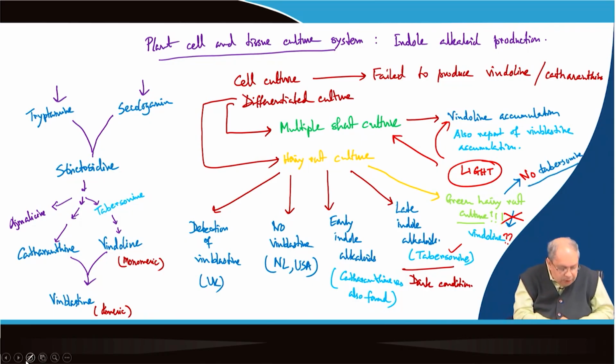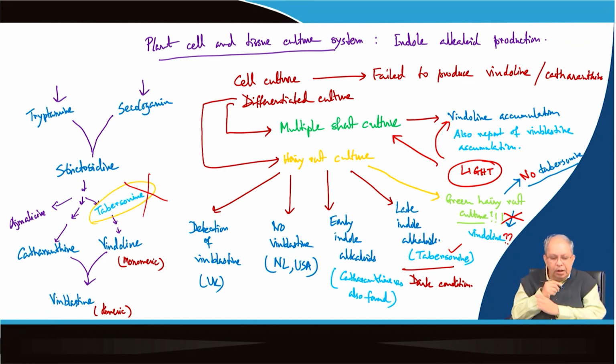That means in green hairy root culture, tabersonine formation is not there. If tabersonine formation is not there, vindoline cannot be formed.